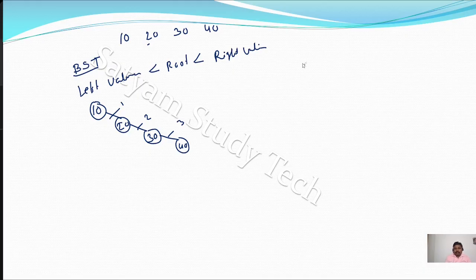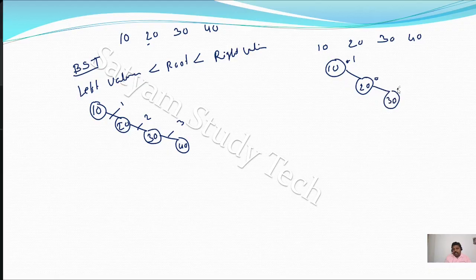For the same 10, 20, 30, 40, let us construct an AVL tree. How do we construct it? 10: the balance factor is 0 now. Then 20: the balance factor of 20 is 0, here it is -1. Now add 30.